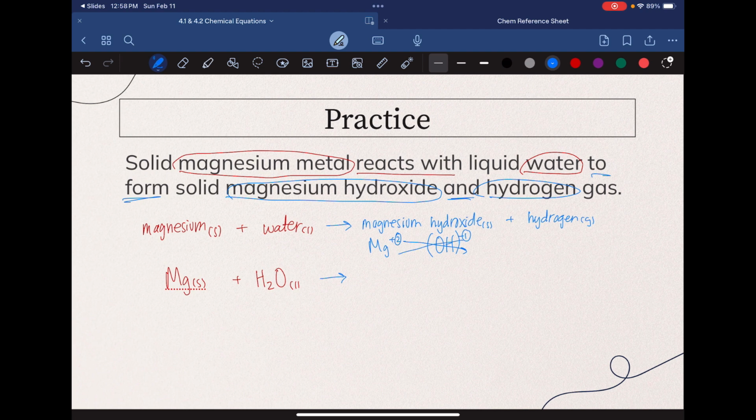If I switch these, right, swap and drop or crisscross, you have Mg(OH)2, and it's a solid. Plus hydrogen, which is our diatomic, it's a gas. And then here's our chemical equation, right? Solid magnesium metal reacts with liquid water to form solid magnesium hydroxide and hydrogen gas.